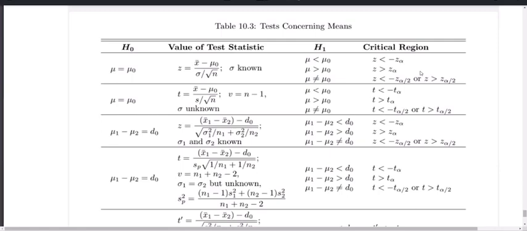Now I'm going to walk you through this table right now. The table has to do with the hypothesis testing formula.